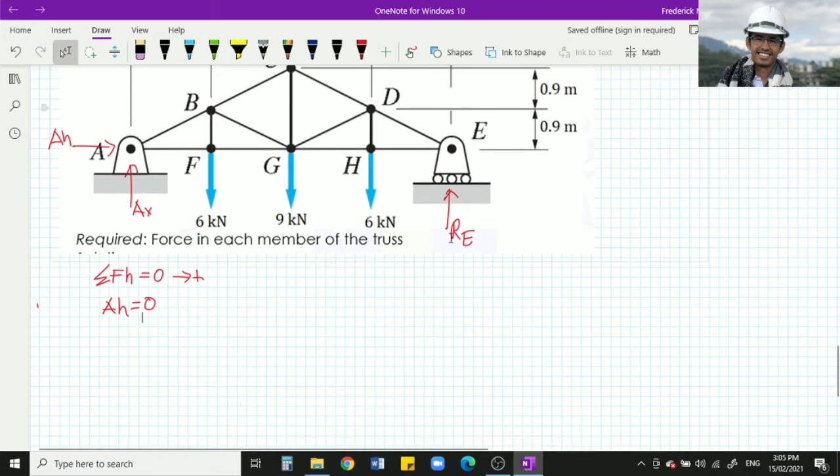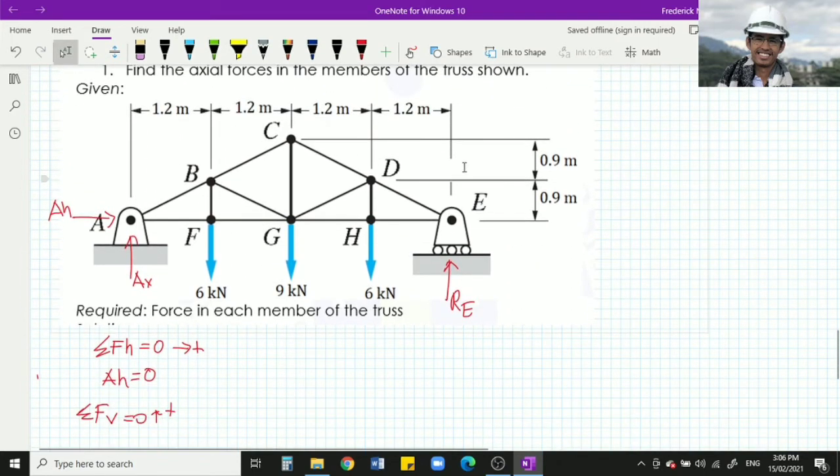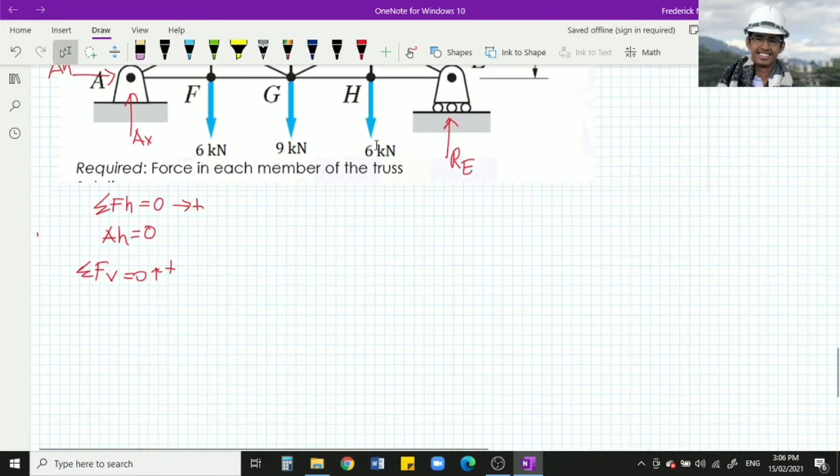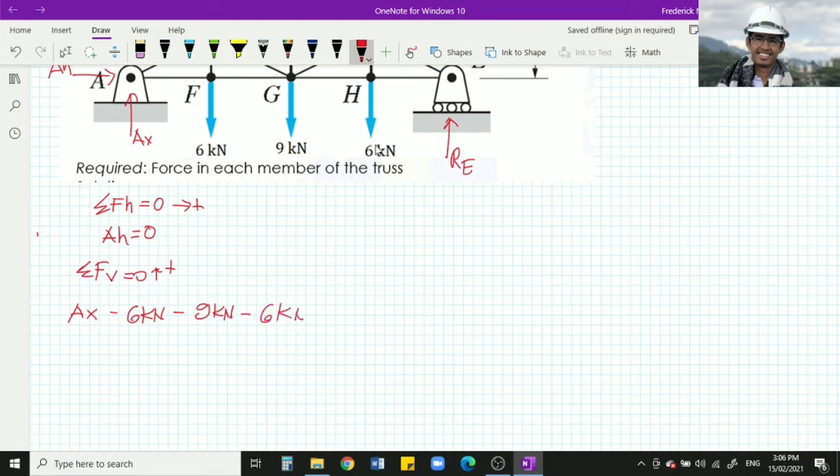And then, for summation of forces vertical is equal to 0, upward positive. So, that will be AY minus 6 kilonewton minus 9 kilonewton minus 6 kilonewton plus RE. Okay?